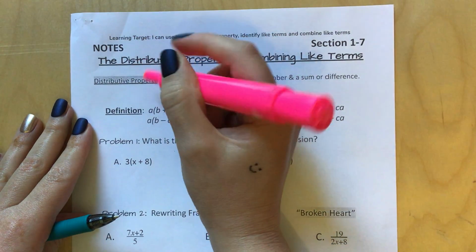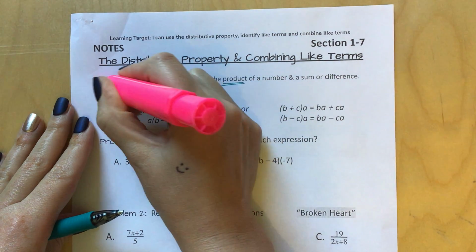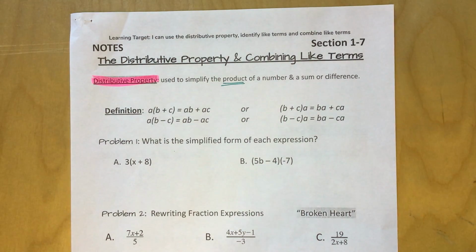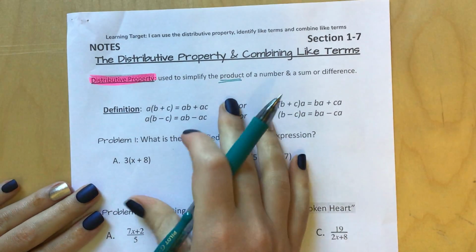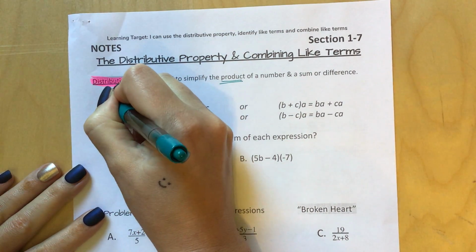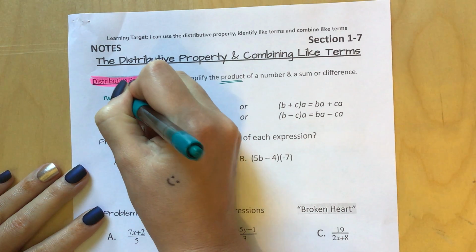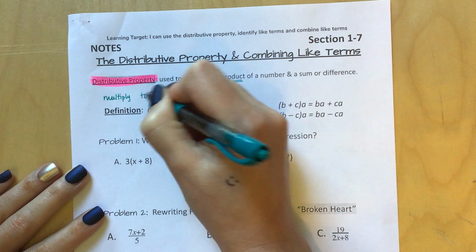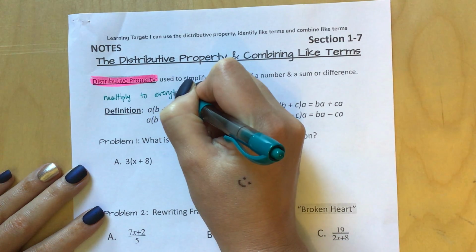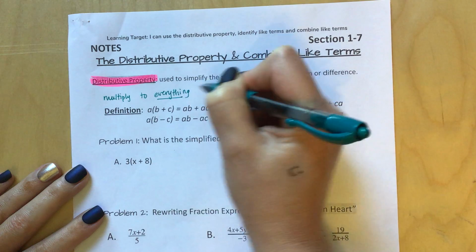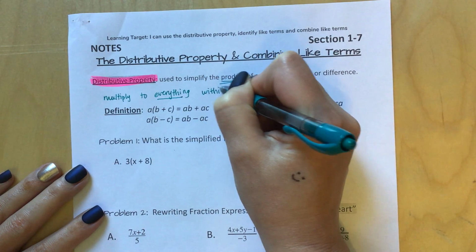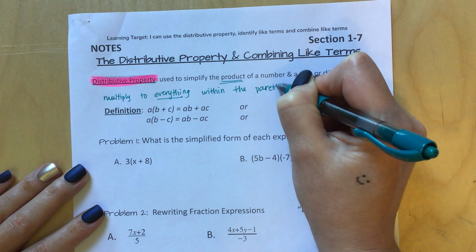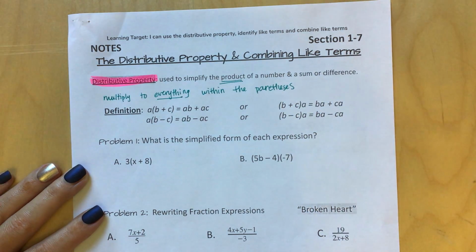And to kind of put it in layman's terms, the way I say it is: multiply to everything within the parentheses. So that's basically what you're doing.